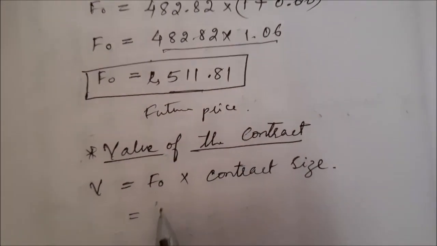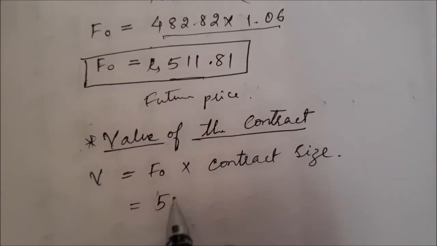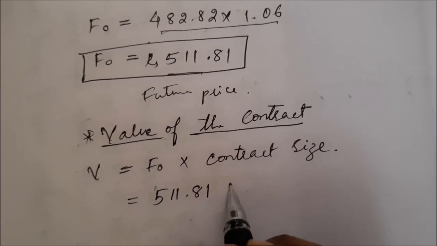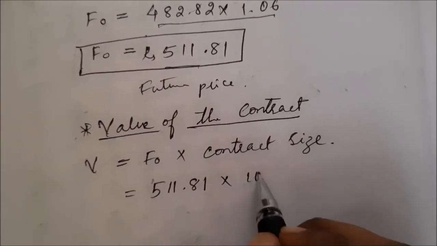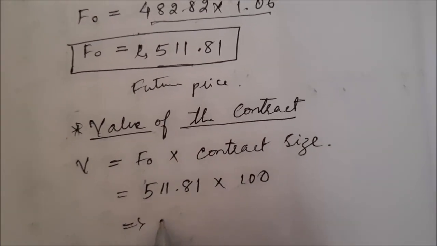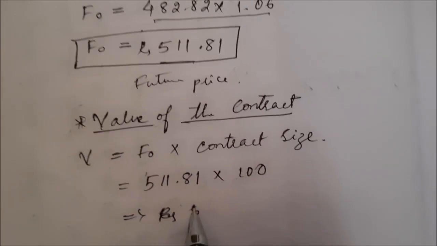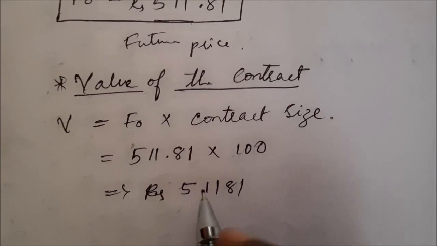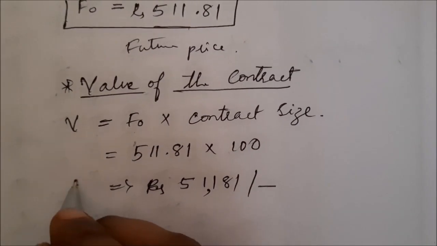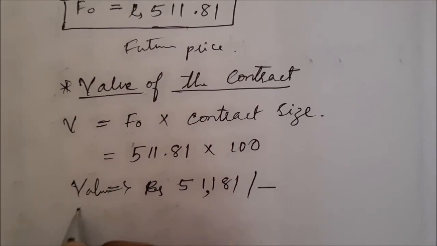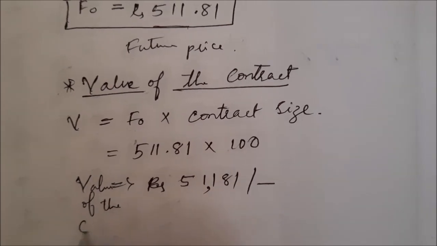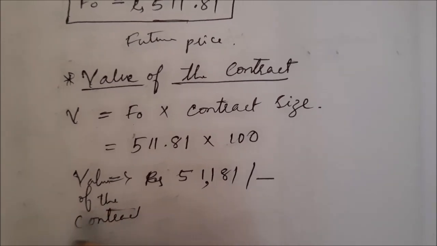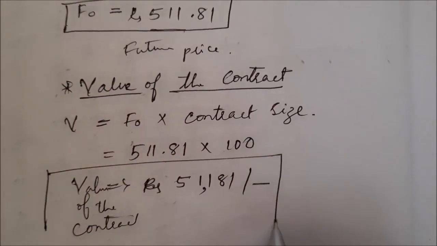Future price, whatever you have calculated, write down rupees 511.81, and the contract size is given in the problem, that is 100. Multiply these, we get rupees 51,181. This is the value of contract.